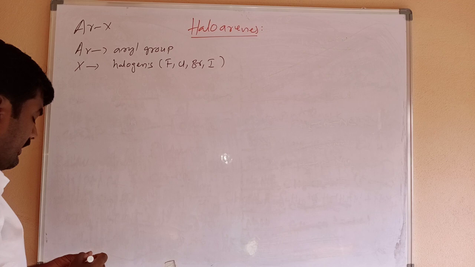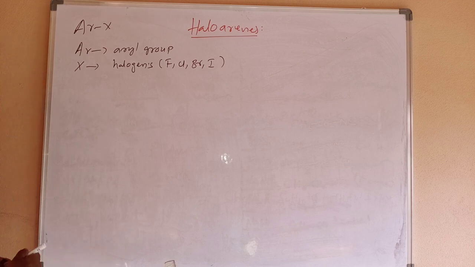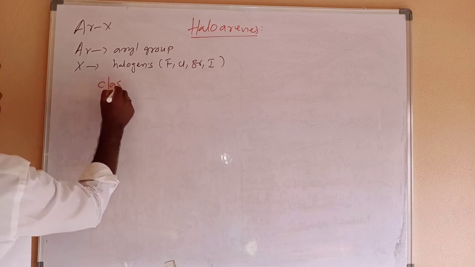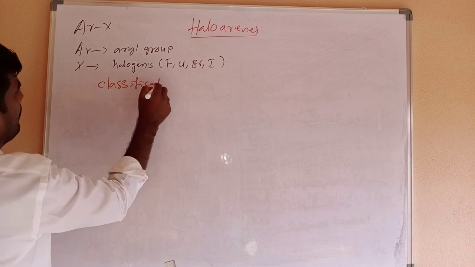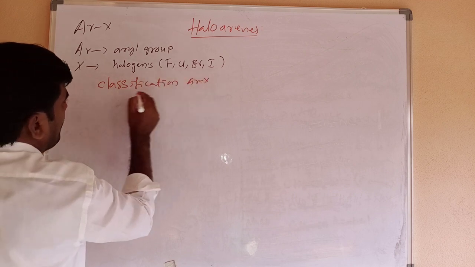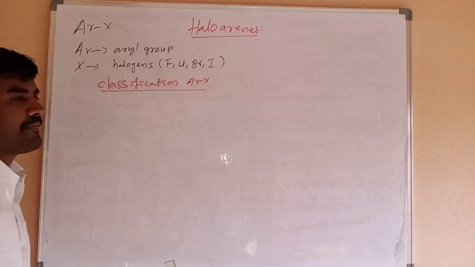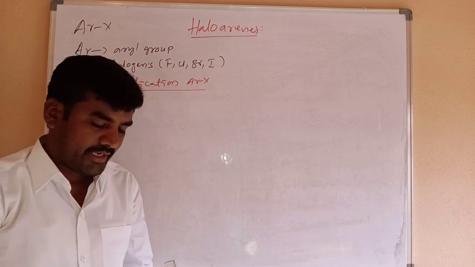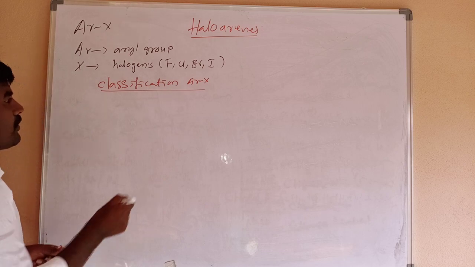Next, classification of aryl halides. Classification of aryl halides is based on the nature of the carbon atom. They are classified into two types.